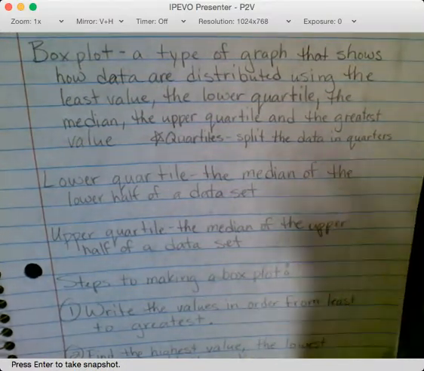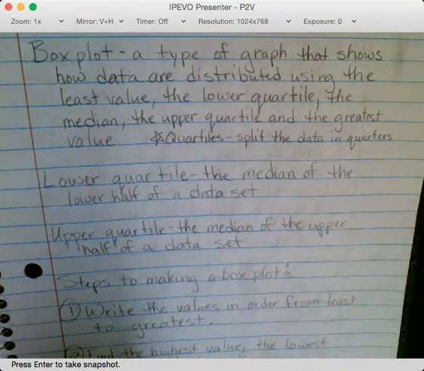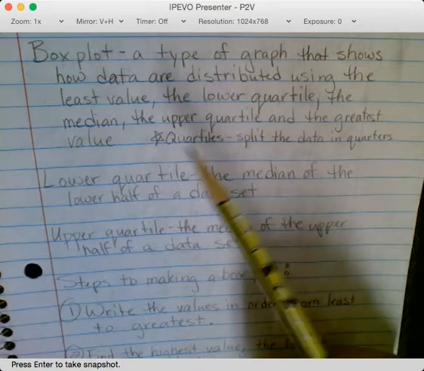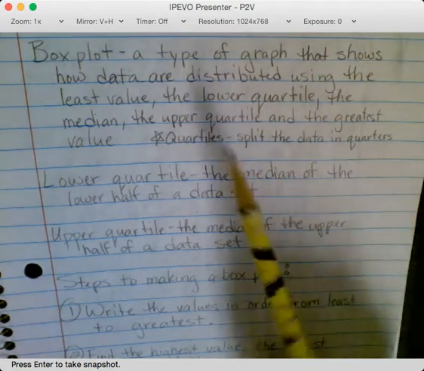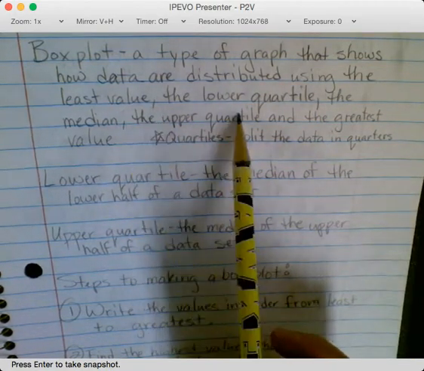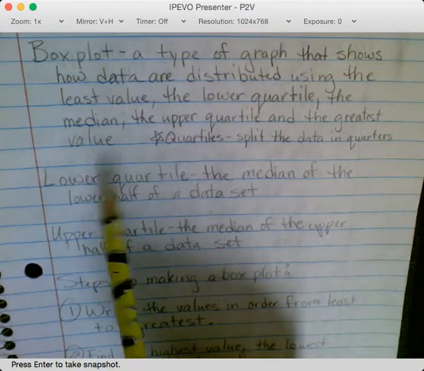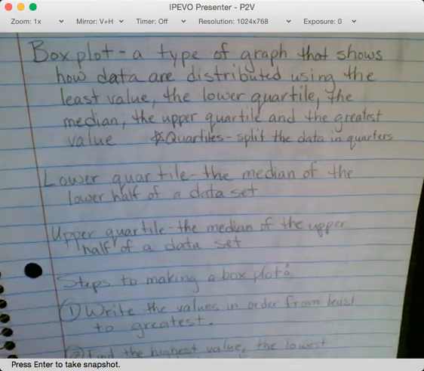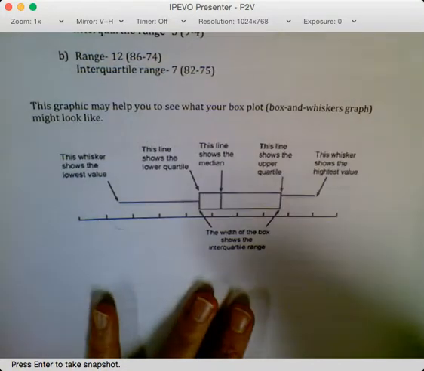So what is a box plot? It is a type of graph that shows how data are distributed using the least value, the lower quartile, the median, the upper quartile, and the greatest value. And if you look at a box plot, it looks like this.